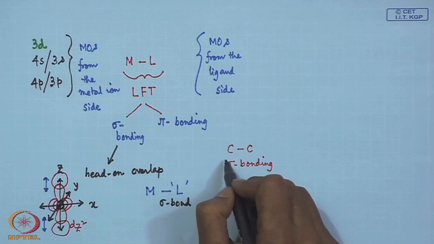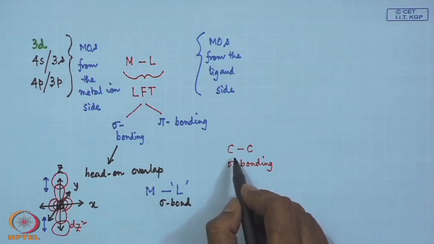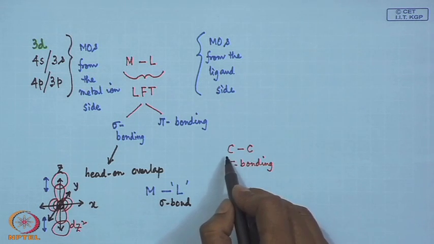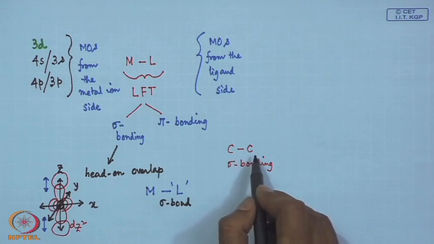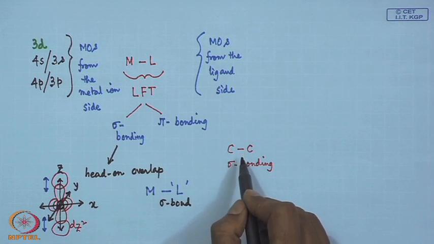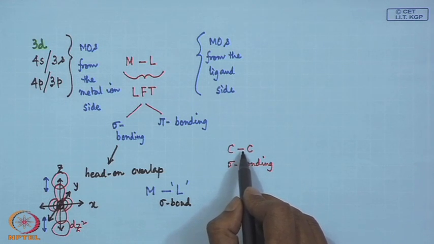So, there is no question of one particular atom serving as a donor atom and another atom serving as an acceptor atom; in this situation they are basically sharing these orbitals, and electrons occupy those bonding orbitals to give us the bond between these two carbon centers as a sigma bond.